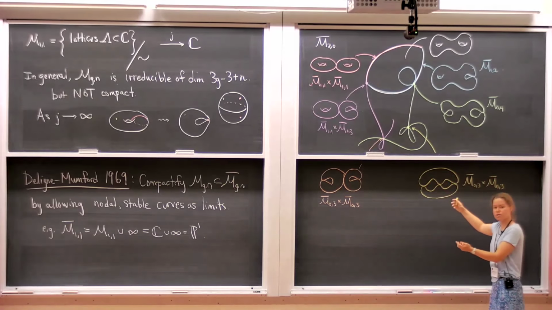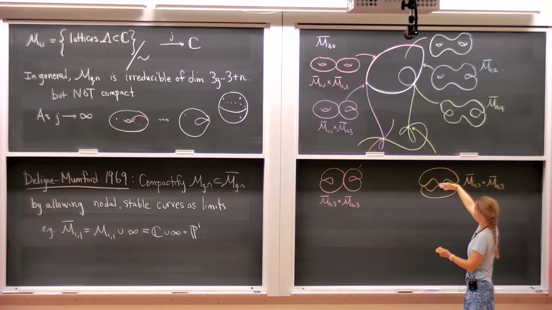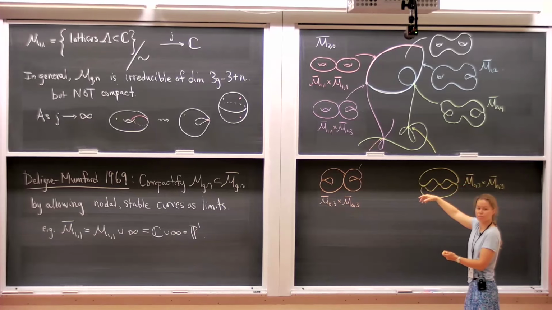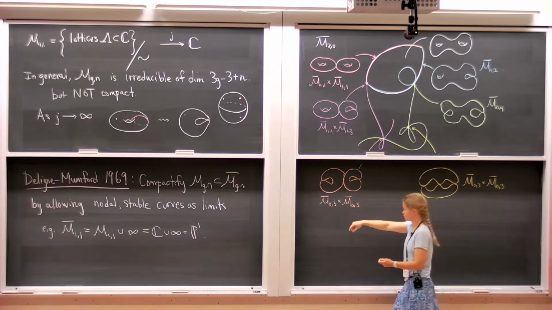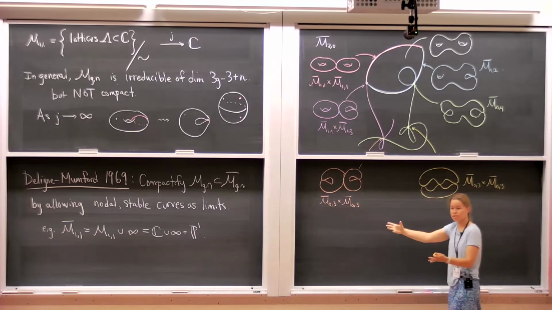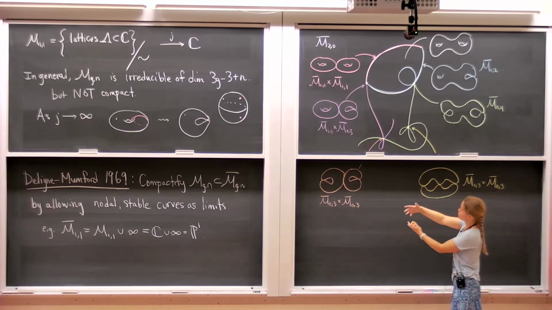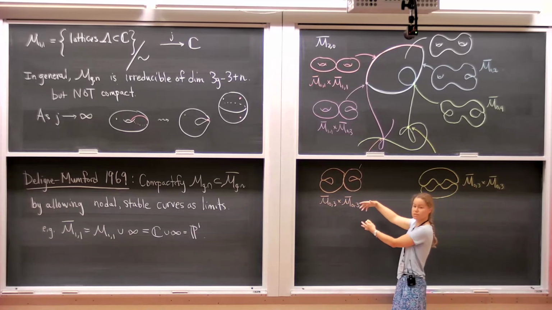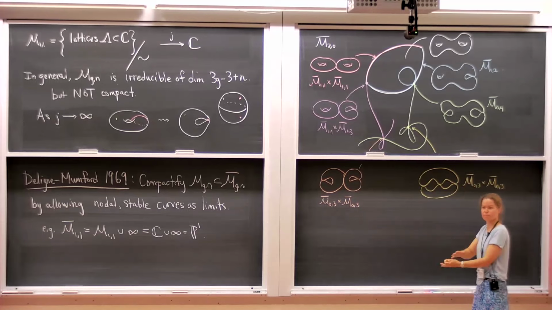And you'll also notice that as I go deeper and deeper into the moduli space, the pieces that my curves are built out of become simpler and simpler, all the way down until they're built out of just genus 0 with 3 marked points. But there's a trade-off as we do this. The combinatorics of how I glue those pieces together becomes more complicated. So are there any questions at this?